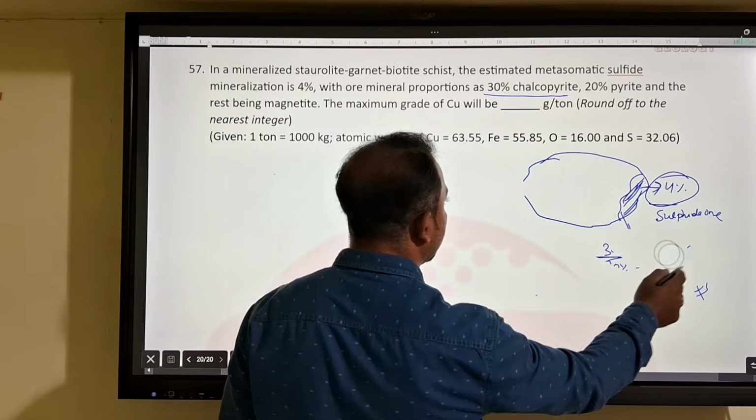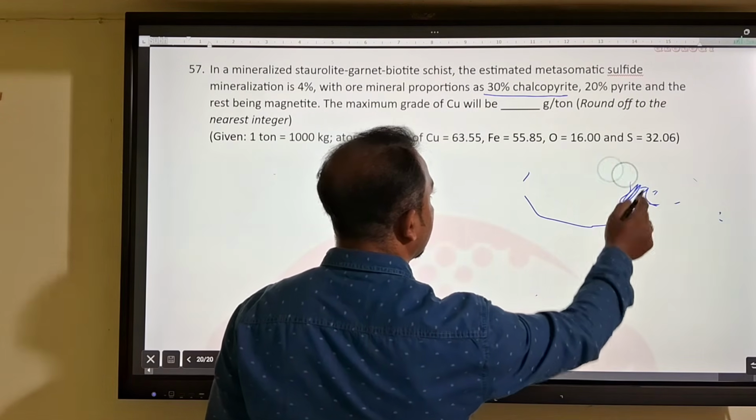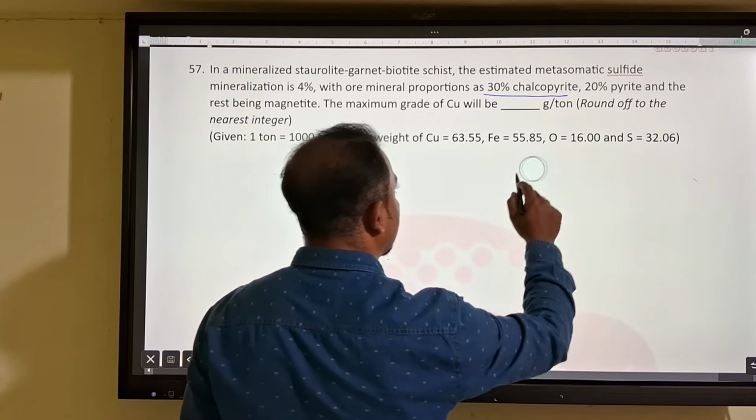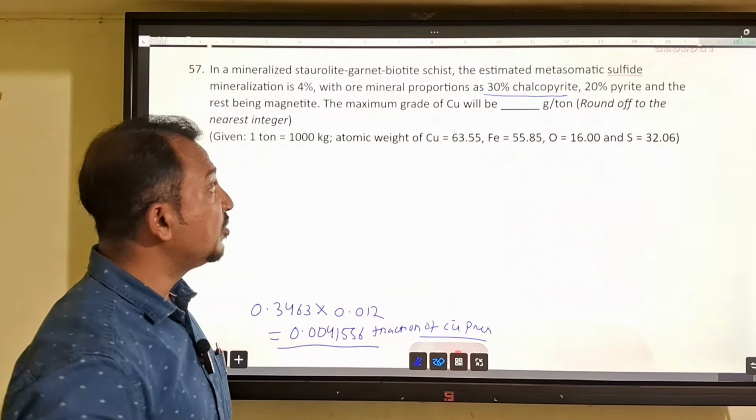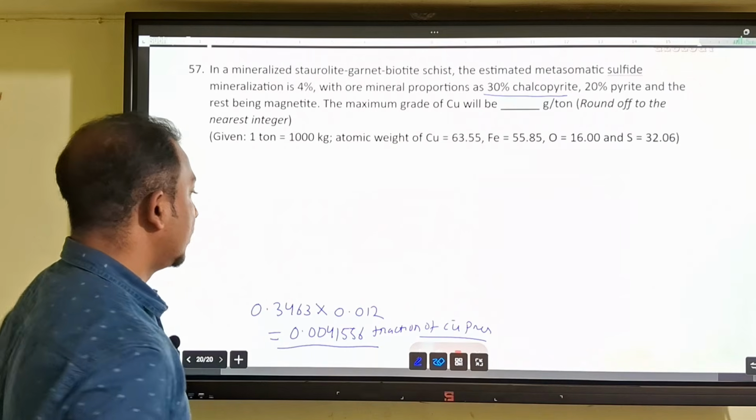Gram per ton means how many grams of copper are present in 1 ton.